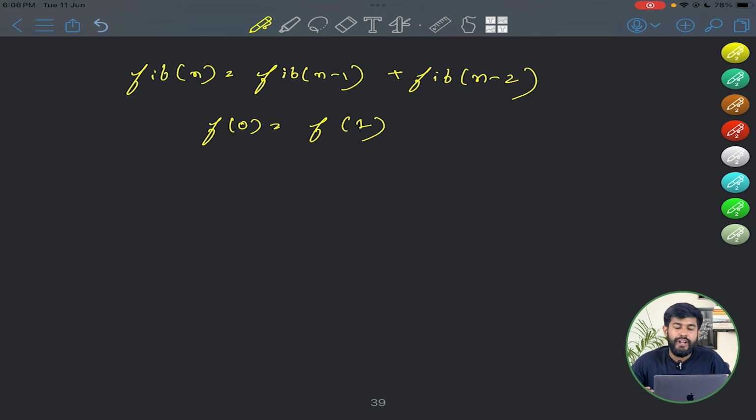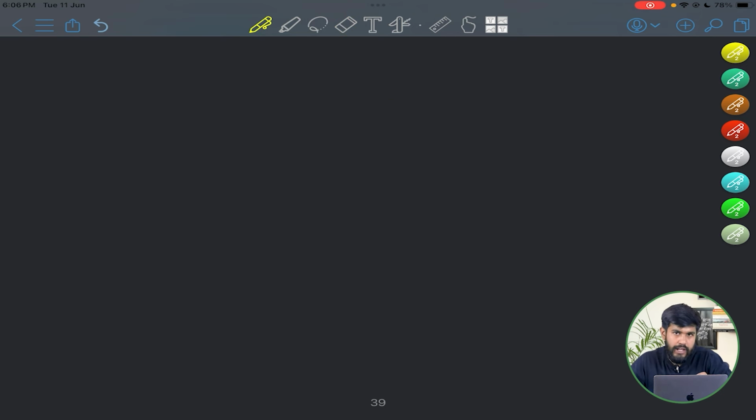The probability of getting the Padovan sequence is comparatively way less than the Fibonacci series. So learn the Fibonacci series first, use it as a base to learn the Padovan sequence, and then solve the question. As I told you, the Padovan sequence is a sibling of the Fibonacci series.